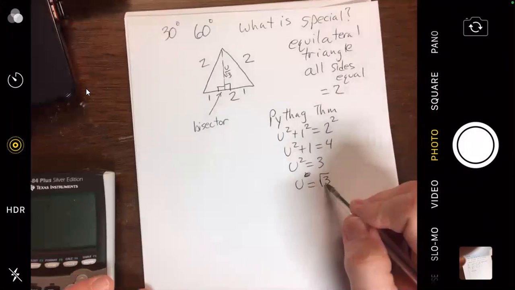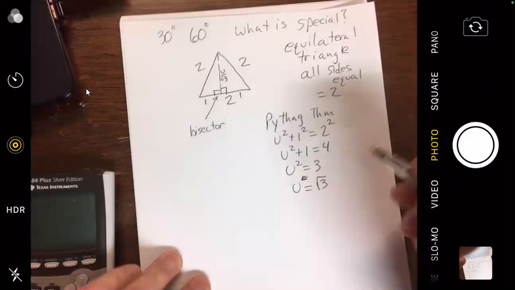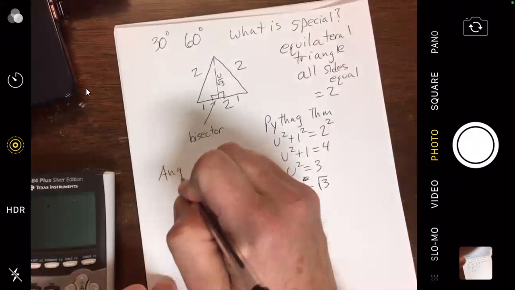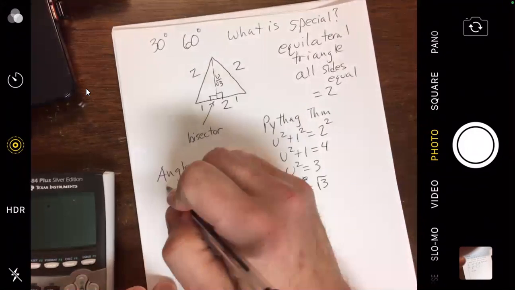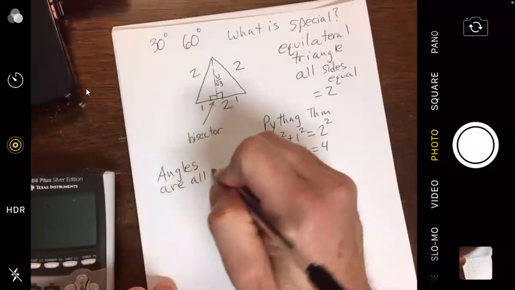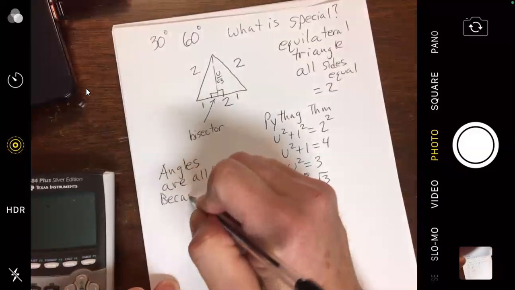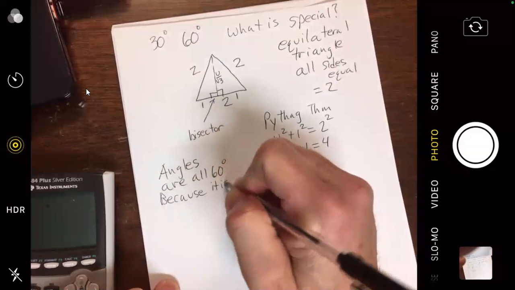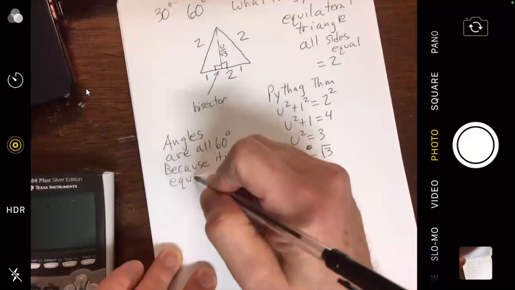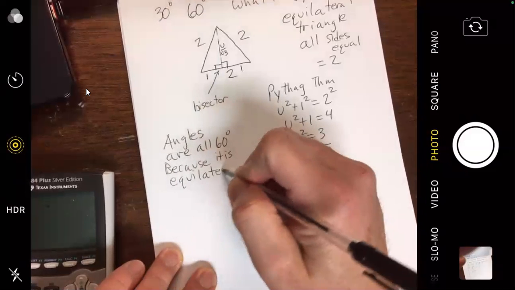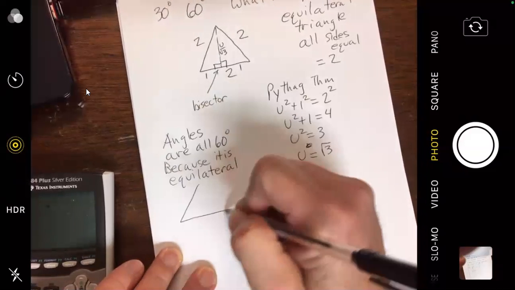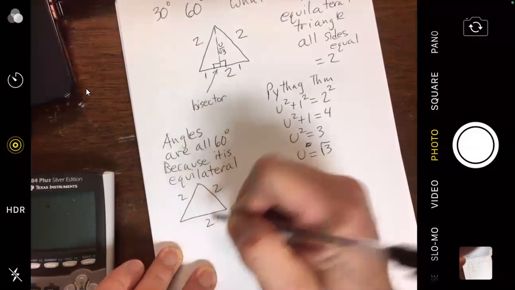Okay, so we've shown that the vertical leg is root 3. The angles here are all 60 degrees because it's equilateral. Hope you remember that basic geometry fact. Draw it, 2, 2, 2.